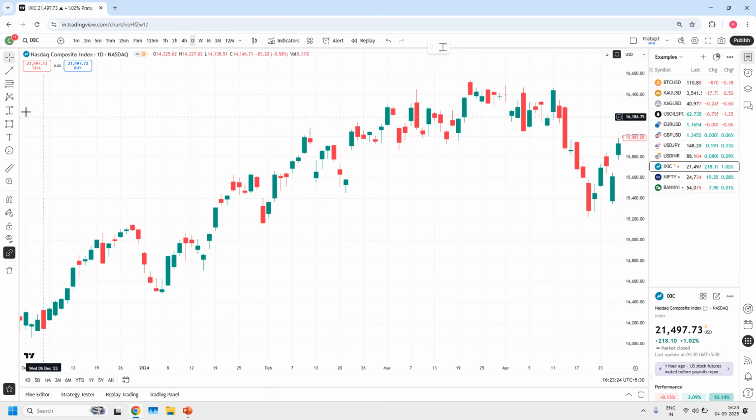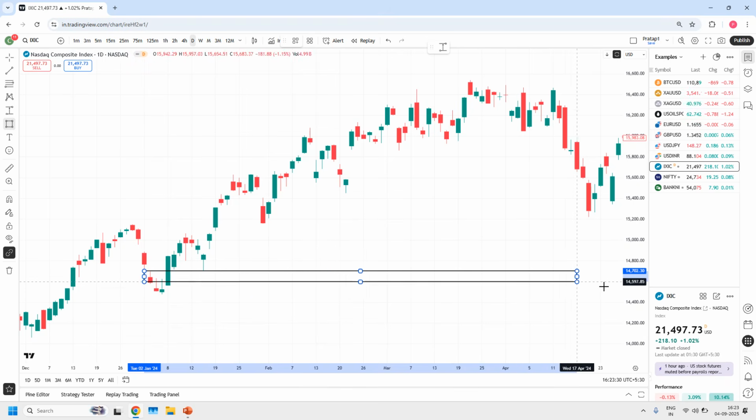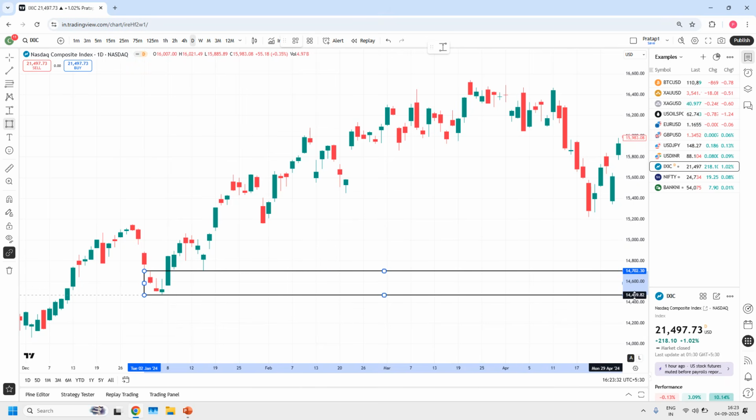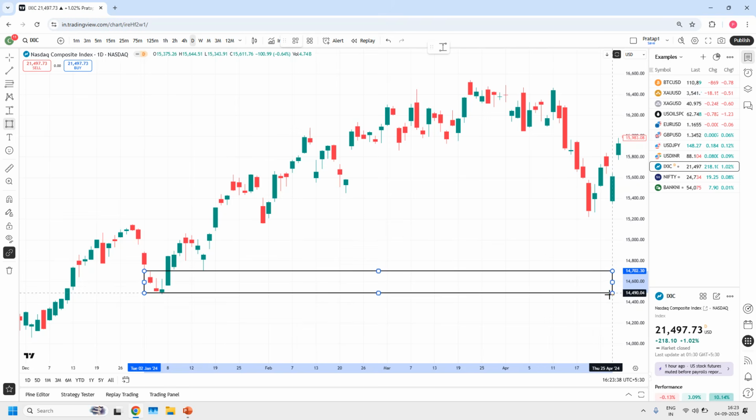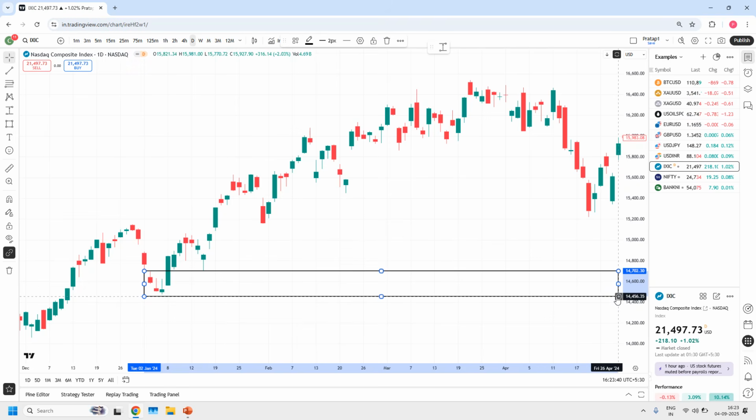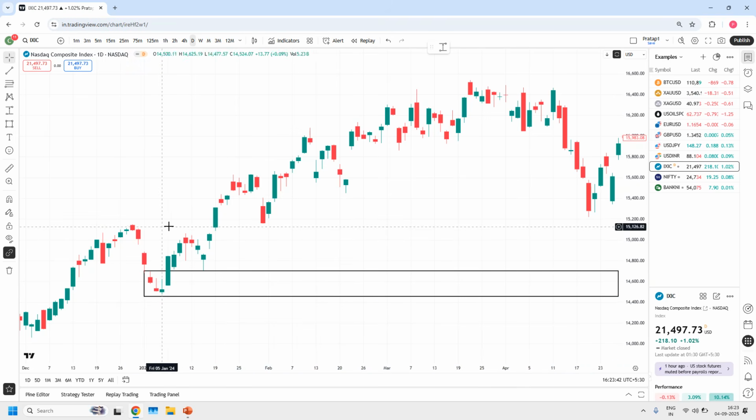So here price moved in a narrow range. So first time it gave you an opportunity. Price moved in a narrow range. That means prices are moving in a balanced way.